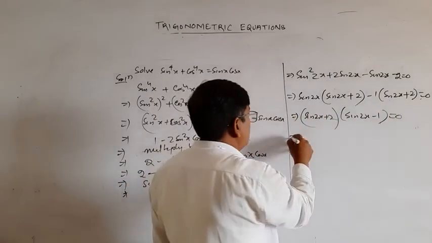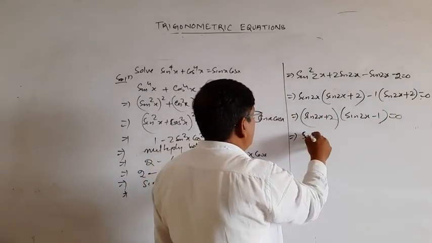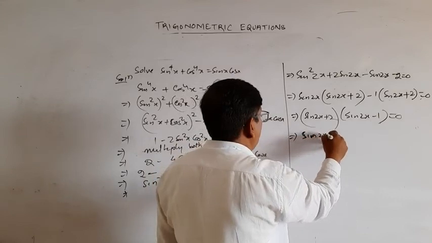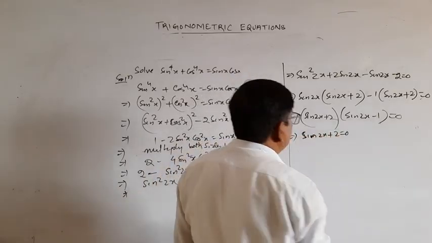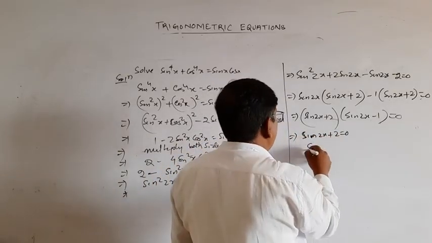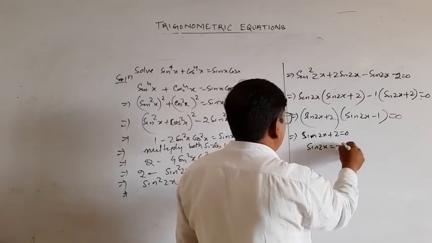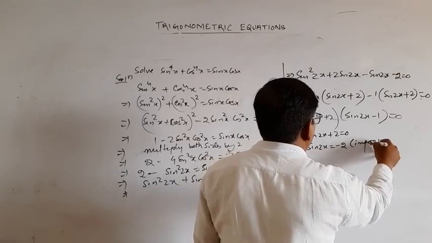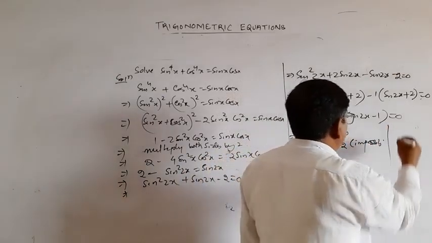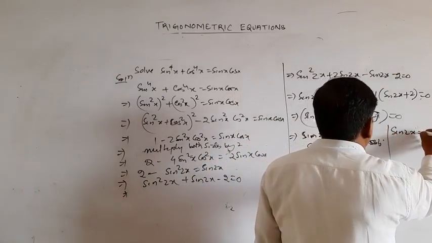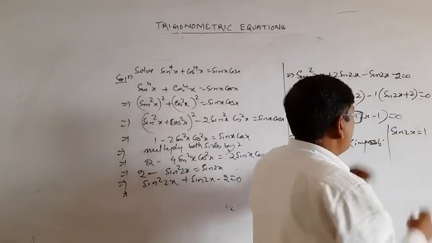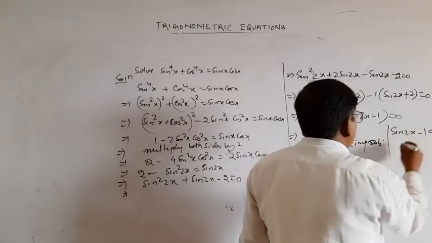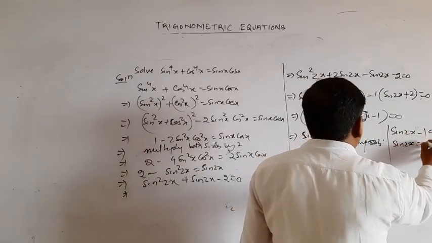So, sin 2x plus 2 is equal to 0, which is impossible, because sin 2x would be equal to minus 2, which is impossible. And here sin 2x minus 1 is equal to 0. So sin 2x is equal to 1.